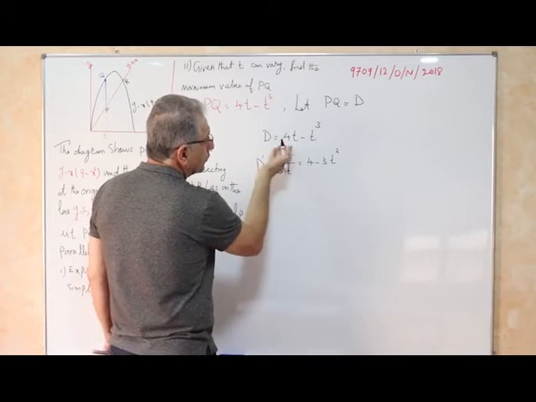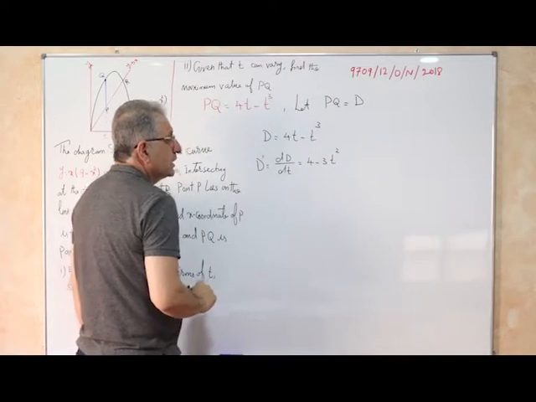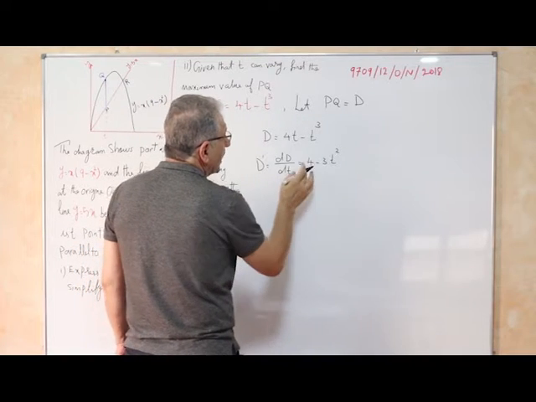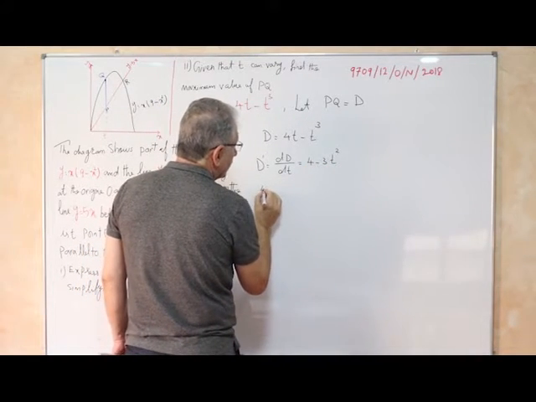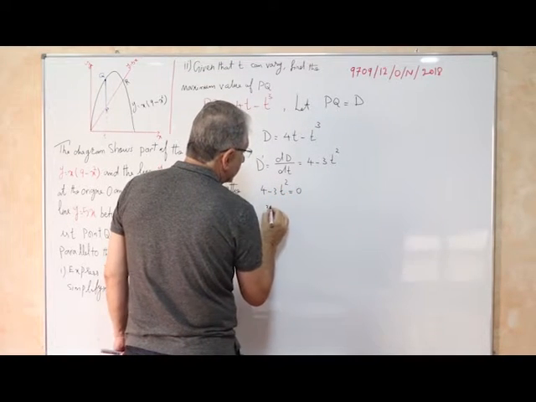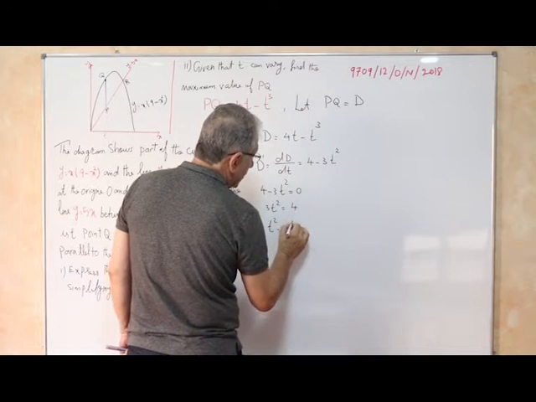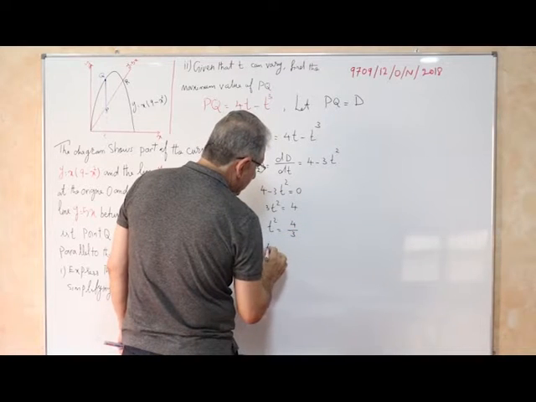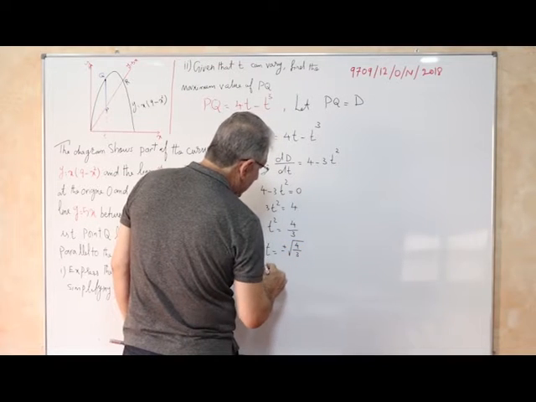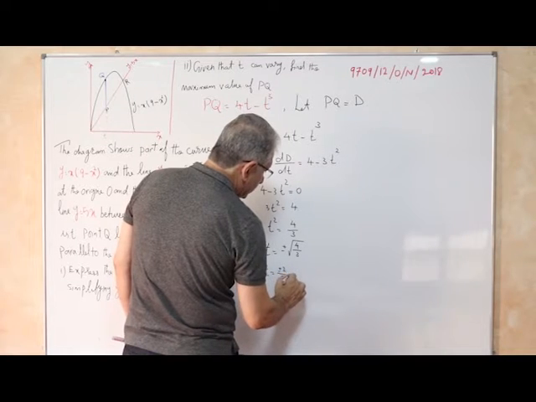This is 4t, therefore this is 4; this 3 comes down, reduce 1 from the power, therefore this is the differentiation. Put it equal to 0 to get the maximum and minimum value: 4 minus 3t squared equals 0, therefore t squared is equal to 4 over 3, therefore t is equal to plus or minus the square root of 4 over 3, which is plus or minus 2 divided by the square root of 3.